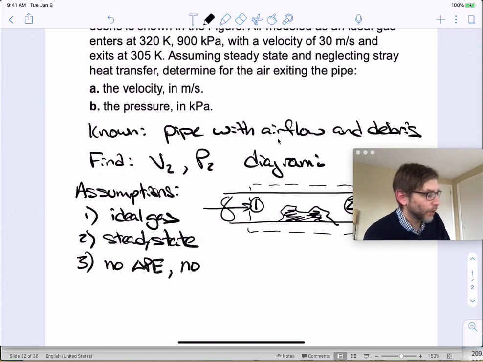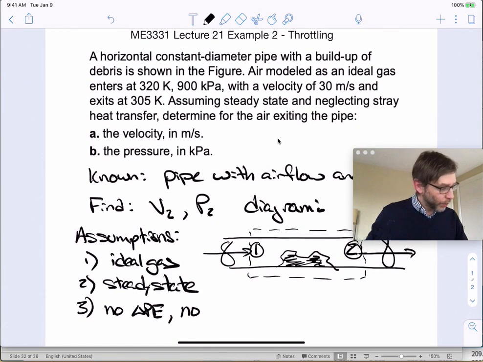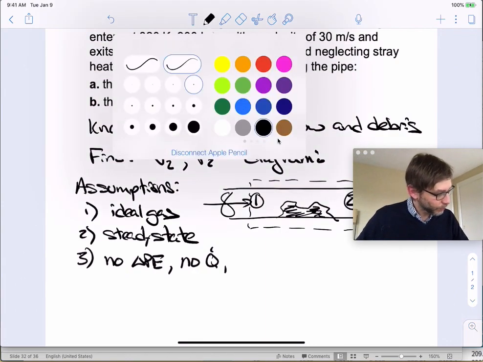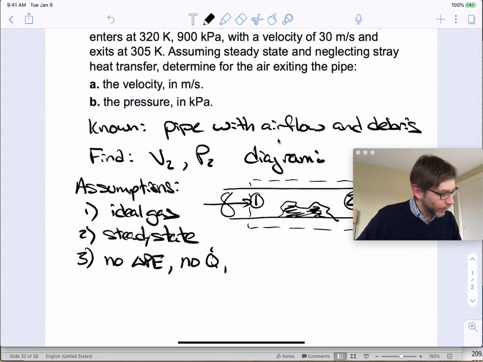Does it say anything else? This is interesting: neglecting stray heat transfer. There you go. So we're going to assume this is adiabatic, so no Q dot, and of course no work, W dot equals 0.